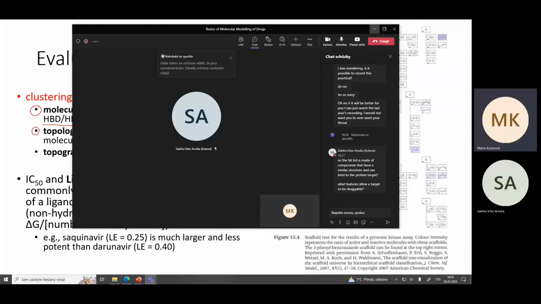Because when the binding site is on the surface, different molecules would be able to bind to it and show some promiscuity, which is not intended. We desire to have the binding site in a cavity deeper in the protein, and only the suitable ligands are able to get there.